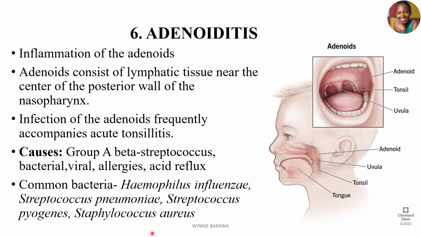These are common bacteria you can find in clients who complain of inflammation of the adenoids. We have only highlighted major examples of these microorganisms. For the whole list, you can go to our first session where we did rhinitis and pharyngitis in terms of upper respiratory tract infection, and you'll see the list in reference to the regions where the infections are happening.